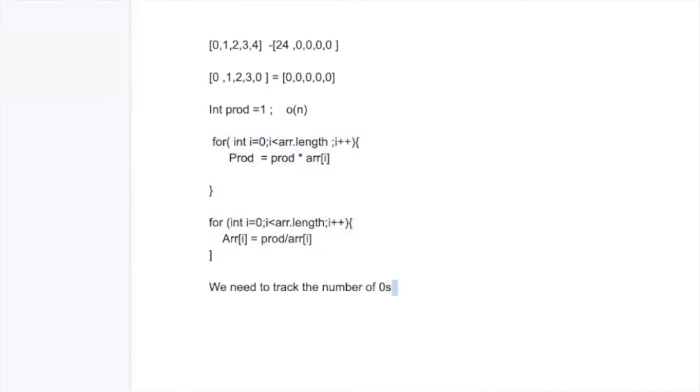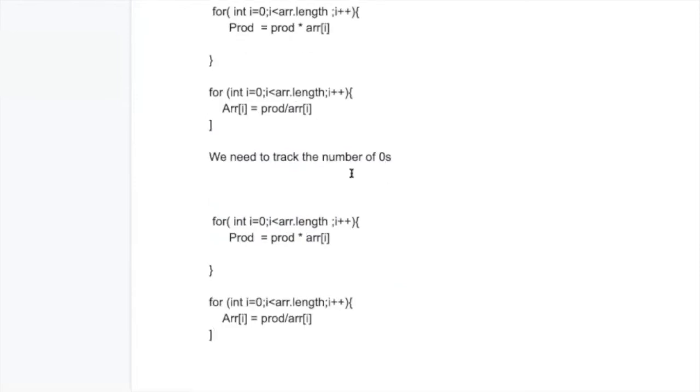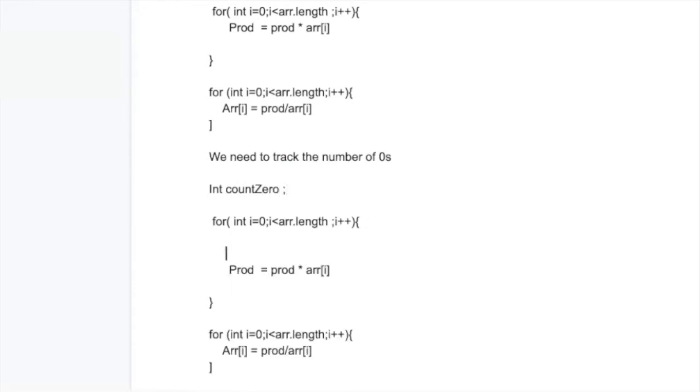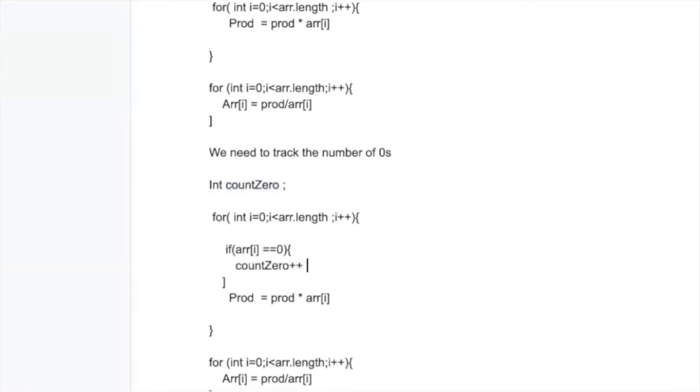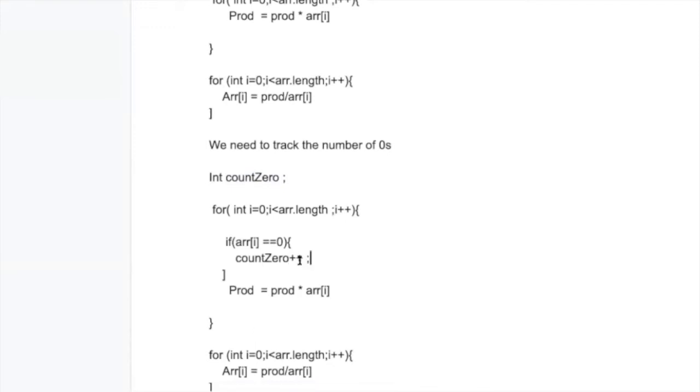So what we can do is that here we can find int count 0, and if array[i] equals 0, count 0 plus plus, right? And then you continue.